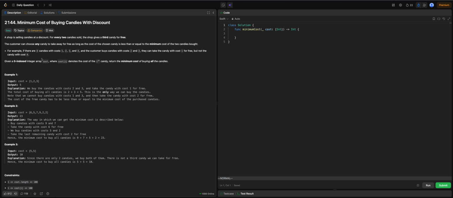For instance, if there's 4 candies which costs 1, 2, 3, and 4, the customer buying candies with cost of 2 and 3, so the customer could get the candy with cost 1 for free, but not the candy with the cost 4, because 2 and 3 combination will be 5. Okay.